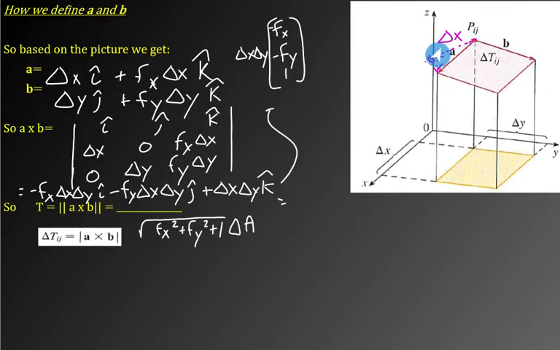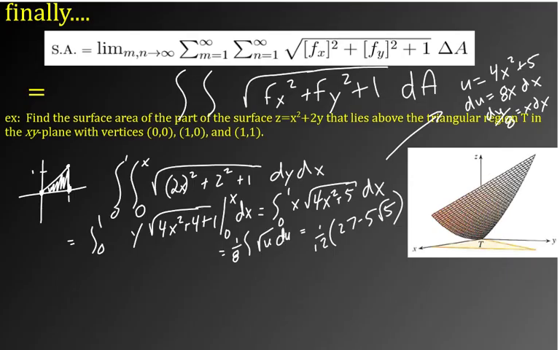And we talked about that here, where we talked about what was changing in the different directions, right? There's the y and the z directional parts, and so we built up what A and B are, and then we did the actual magnitude of that cross product, and we arrived at this formula. Okay, and then we just did a problem down here where we could get the actual surface area.